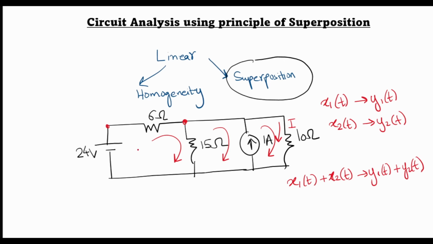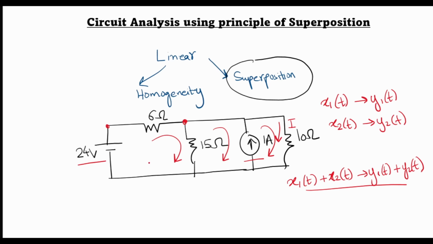So in this circuit, as you can see, I have two sources, a 24 volt battery and a 1 ampere current source. So we can apply these sources separately and then combine the two to get the total response.